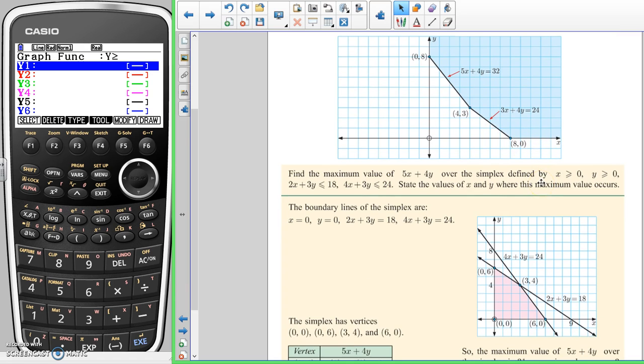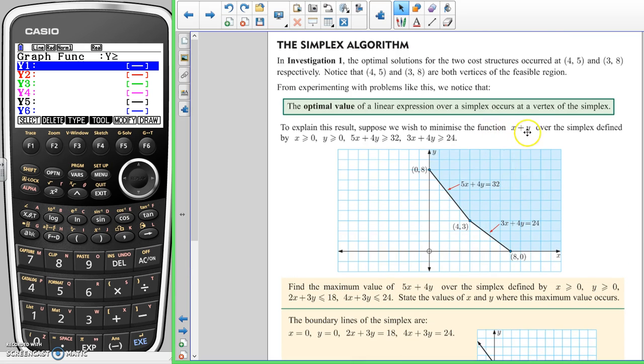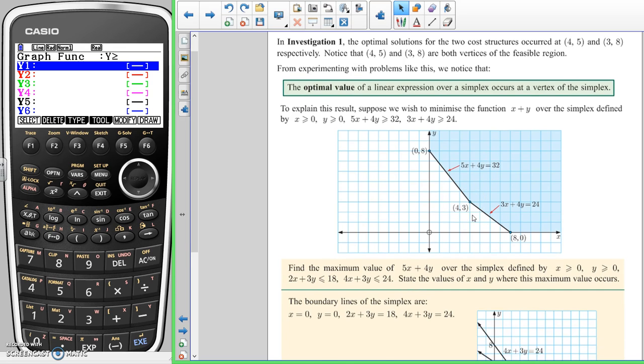What you do with those is put them into our objective function. If we make x 0, y 8, the total would be 8. If you sub these ones in, it'd be 4 plus 3, 7, and it'd be 8 plus 0, 8. Meaning that this point here would be the point of optimal value for trying to minimise the function that we currently have.